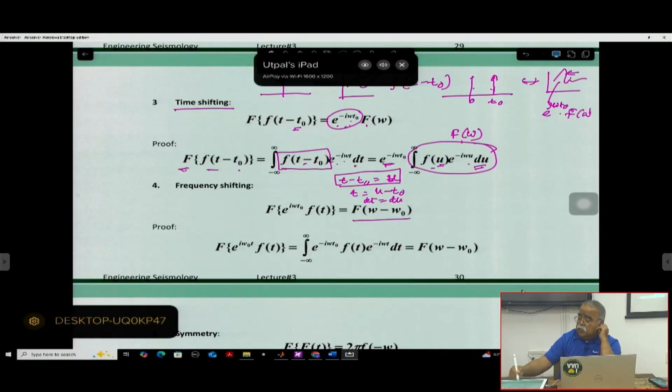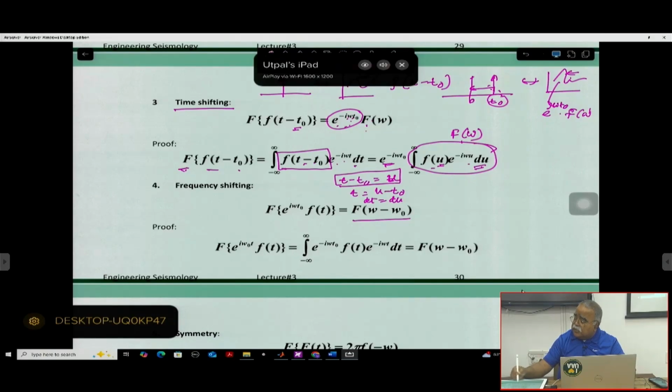That's the proof. That means if your signal is shifted, the amount of time you shift it, you have to multiply with omega and multiply with the Fourier transform values. So this is your time shifting.